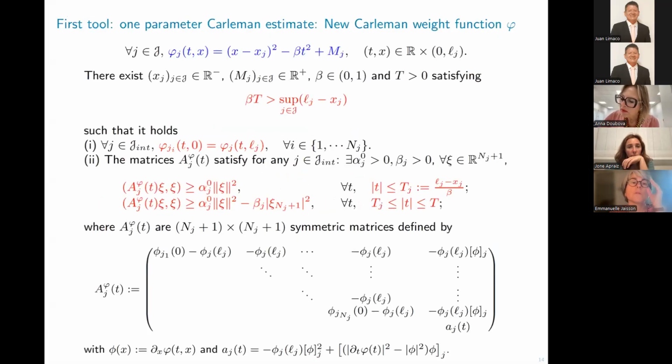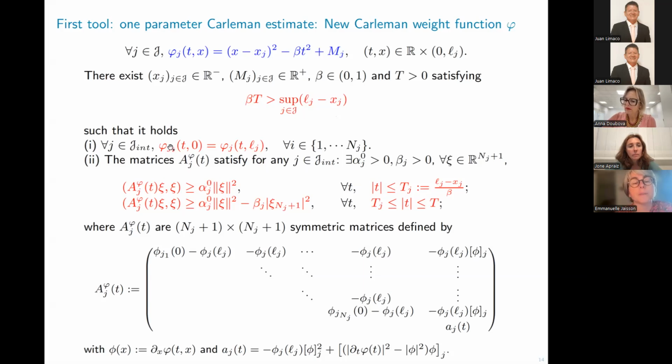So we tried, with Lucie Baudouin, Julie Valein, and Maya de Buhan, to apply their algorithm. And so the first problem was to prove a new Kalman estimate for the wave equation on networks, a Kalman estimate with only one parameter. So if you do that, the idea is to use the same type of weight function, okay? But you have some new condition here. Beta t must be larger than this quantity here.